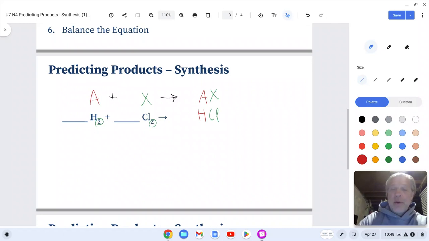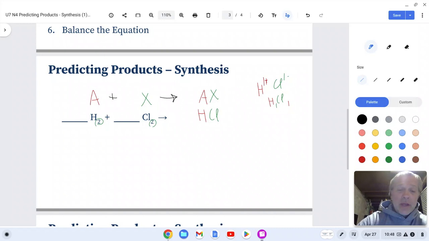We know from the periodic table that hydrogen is a +1, and that chlorine is a -1. So when we crisscross the charges down, we get H1 and Cl1. We don't have anything to simplify, so the actual product here is just going to be HCl. Then the last thing that we have to do is balance this reaction.